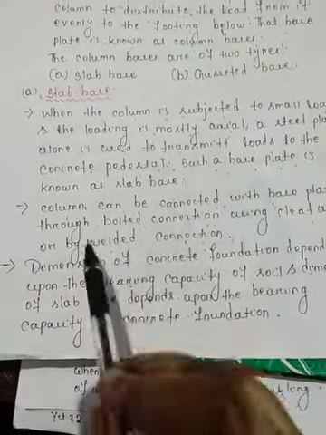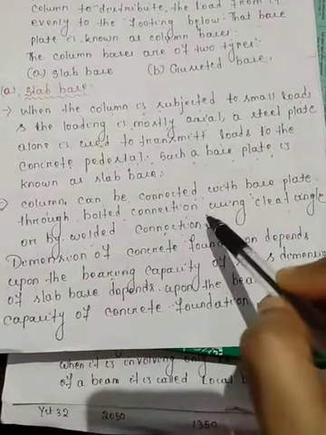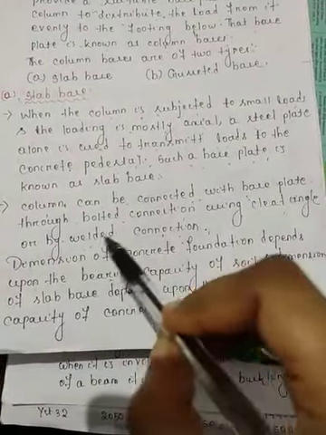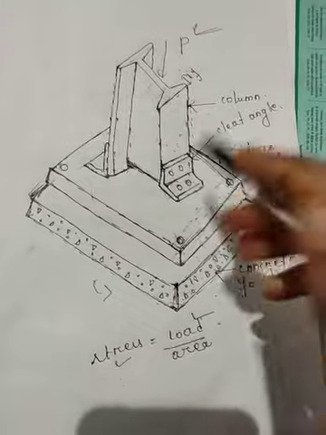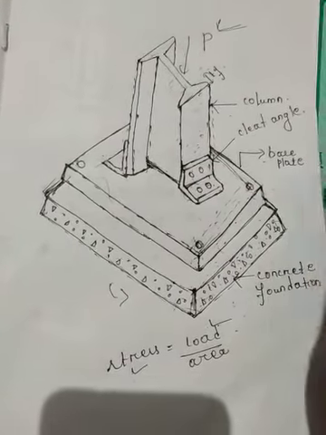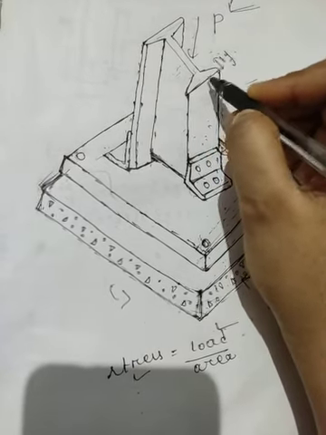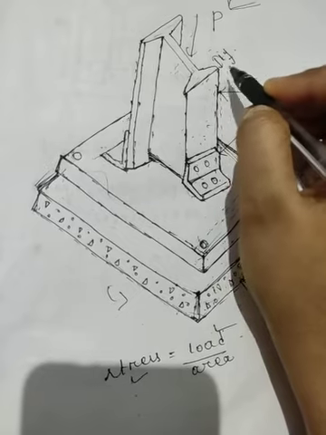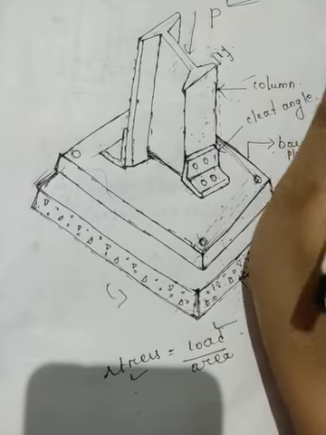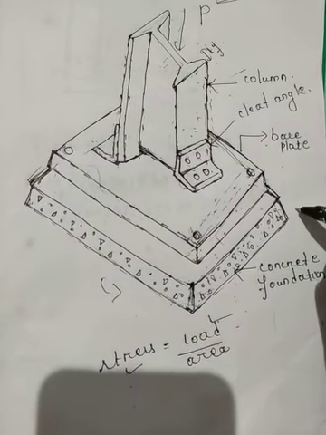Then the next point is, column can be connected with the base plate through bolted connection using lead angle or by welded connection. So here you can see the complete structural view of the slab base. Here this is the column section. Here the column section looks like an I section. Generally, I section is used as a compression member in case of the steel structure, and this is the base plate and this is the concrete foundation.